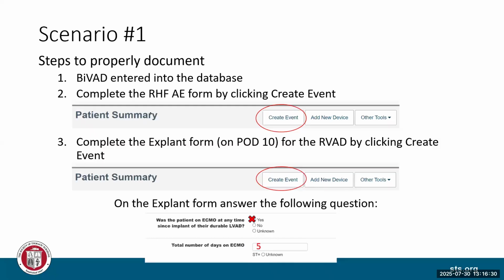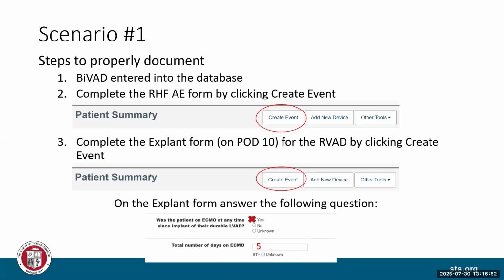So you're gonna create an event. Okay, so you're gonna enter the BIVAD via the implant form into the database. You're gonna complete the right heart failure form because the patient left the OR with an RVAD. You are going to complete the explant form on post-op day 10 for the RVAD by clicking create an event.